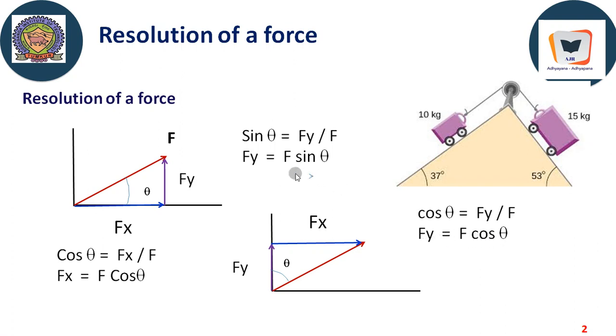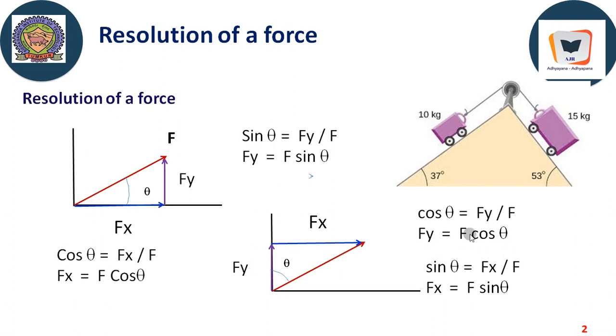That means here Fy was F sin theta because the angle of reference was with respect to horizontal, and here the angle of reference of this inclined force is with respect to vertical. Therefore, Fy equal to F cos theta. And in the same token, if you take sin theta, which is opposite by hypotenuse, we will get Fx equal to F sin theta. Therefore, in this case, the vertical component will come with cos theta, that is F cos theta, and the horizontal component will come with sin theta, that is F sin theta.